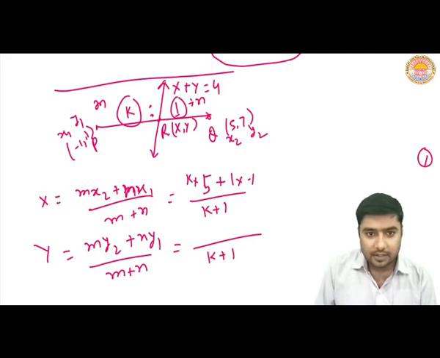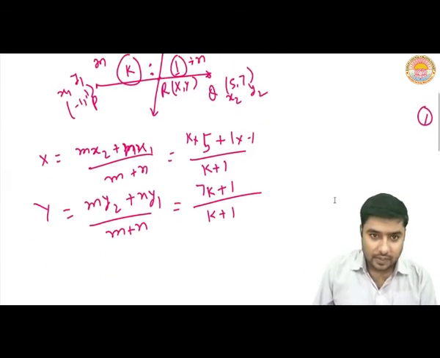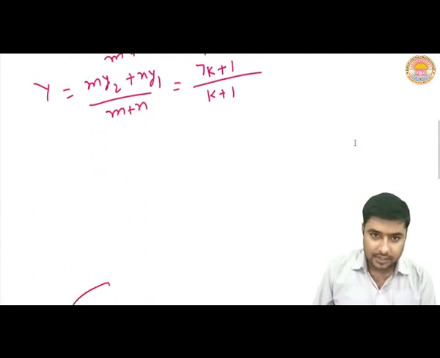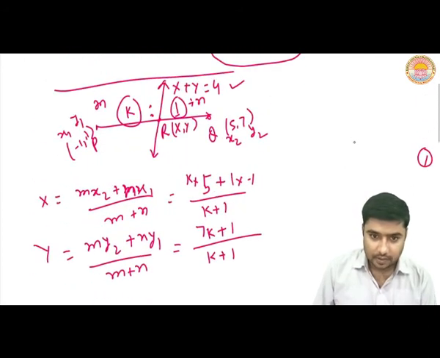Similarly, m y2 means 7k, plus n y1 means 1 into 1, upon k plus 1. This is the point. We know that point R satisfies this equation, so we can put these values in the equation x plus y equals to 4. So this is x and this is y.